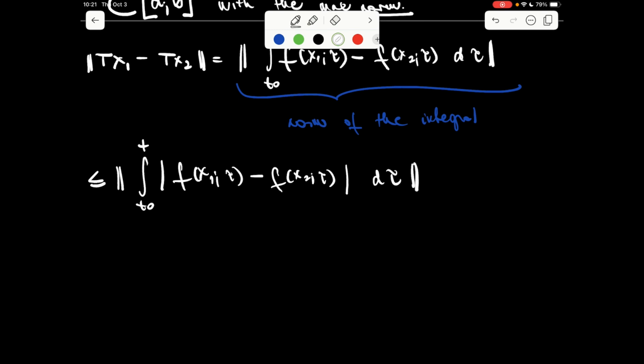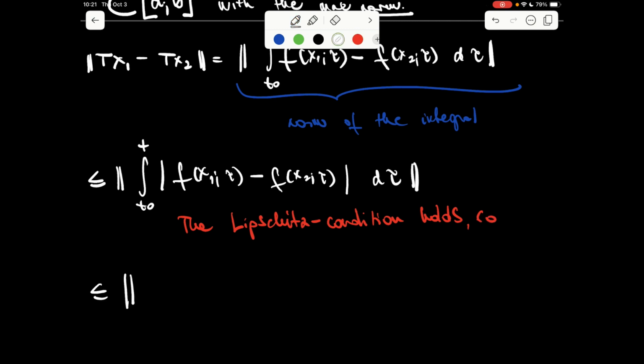And note, the Lipschitz condition holds. This is an assumption. The Lipschitz condition holds, so we have this inequality.